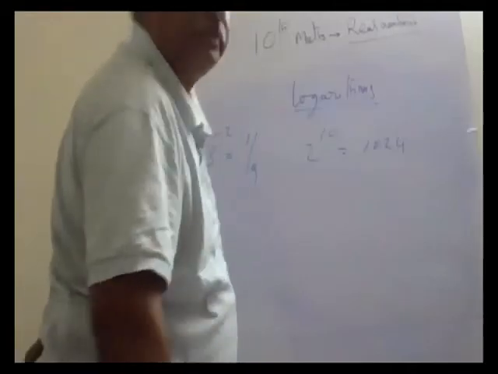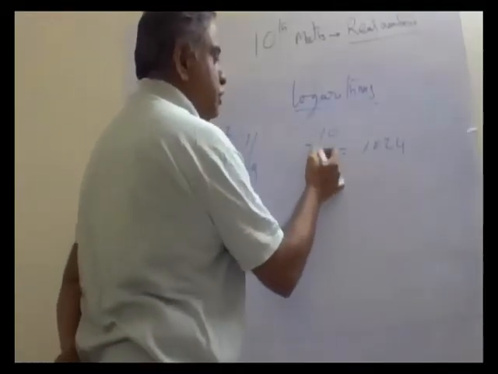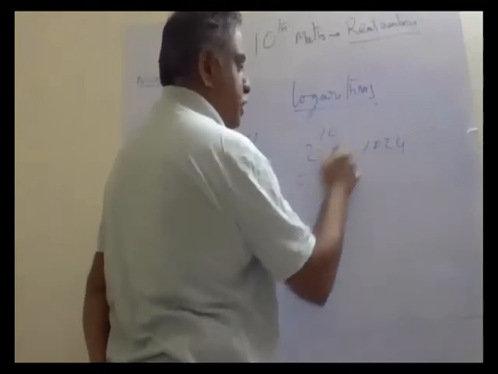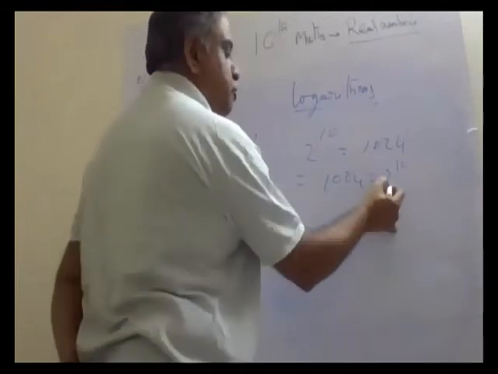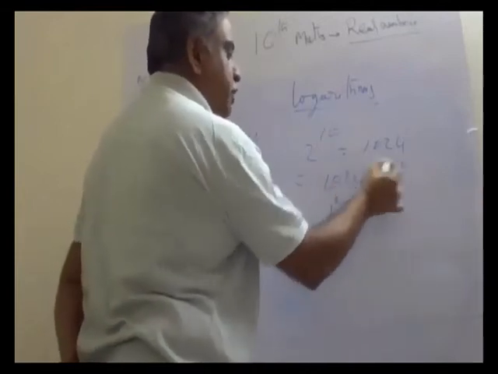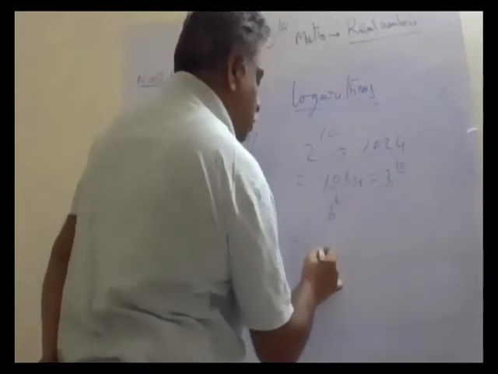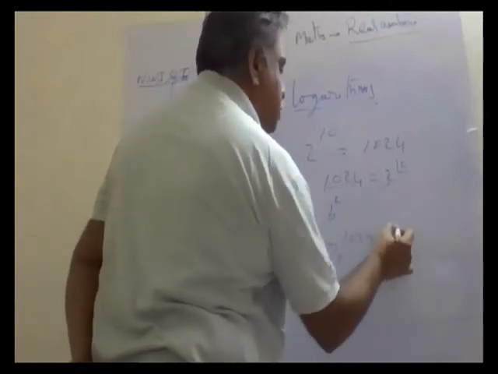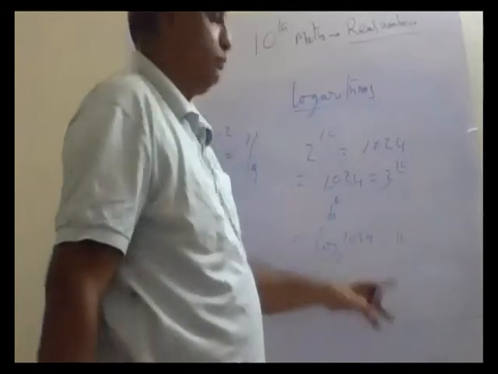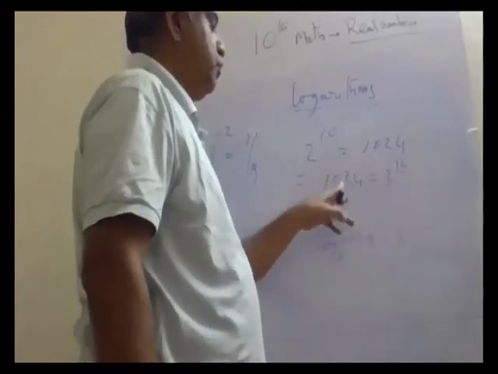Let us see. Now I will write it in a reverse way. 1024 is equal to 2 to the power of 10. This becomes base, this is main, this is the power. So log 1024 to base 2 is equal to 10. So 2 to the power of 10 is 1024.